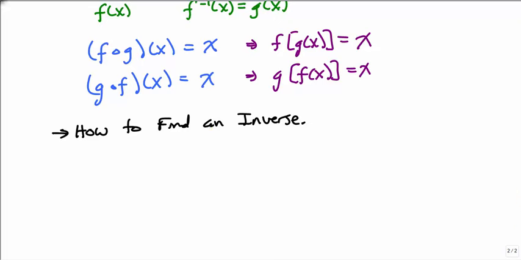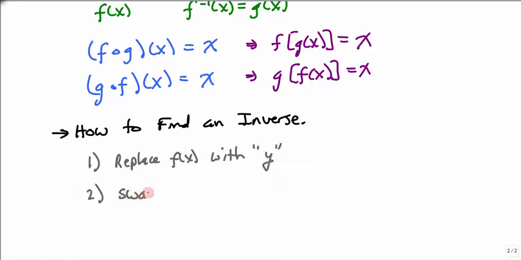So we're going to follow a series of steps. The first step is, if you're given a function, let's say f of x equals something, replace f of x with y. Second step, swap the x and the y. We'll see some examples of this as we get further into this assignment.